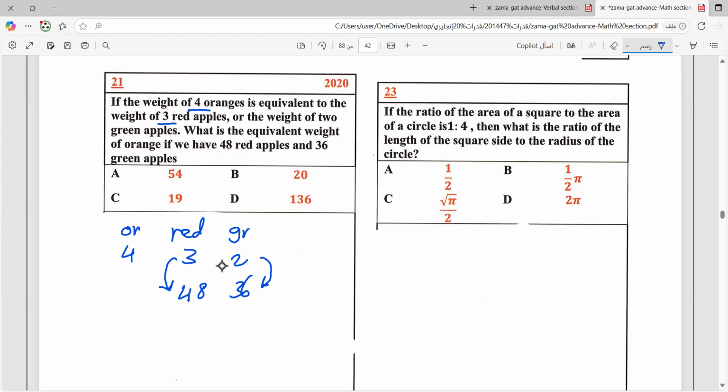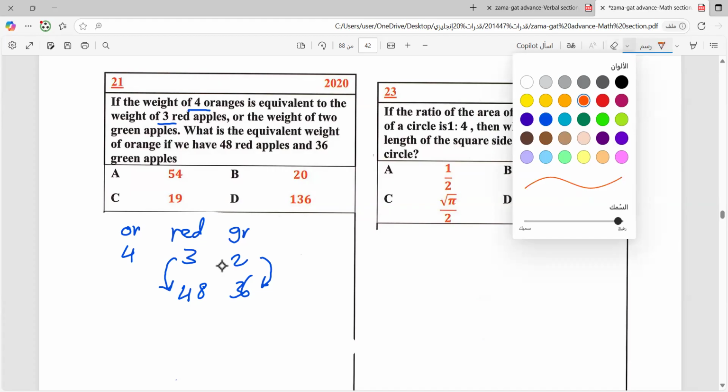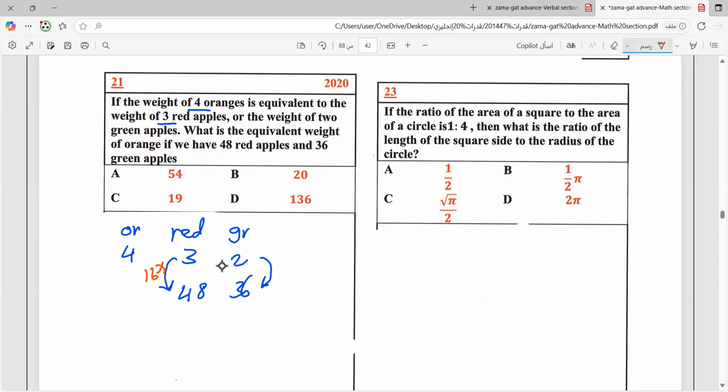So we multiply this by 16 and here by 18. Here you multiply by 16, you get 48. Here you multiply by 18. What about the orange? Do you see the pattern now?